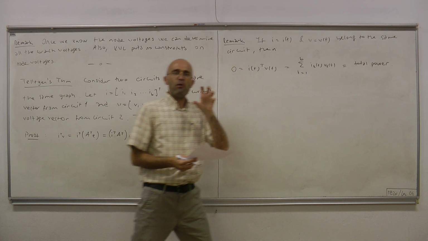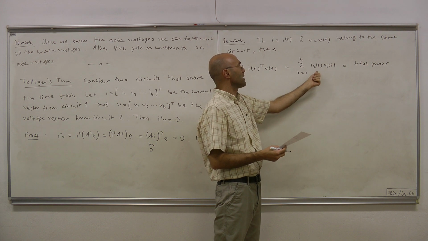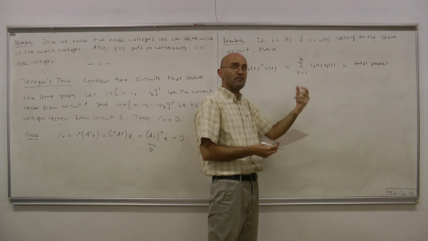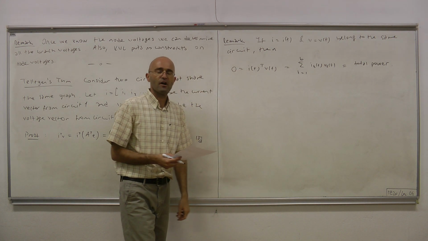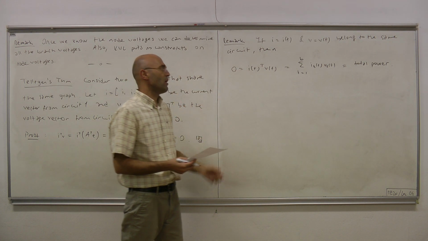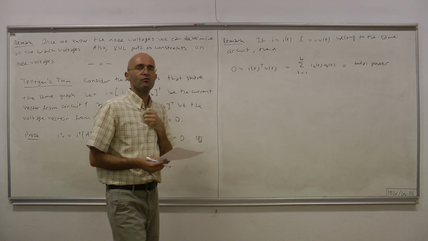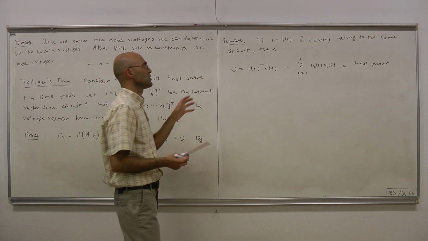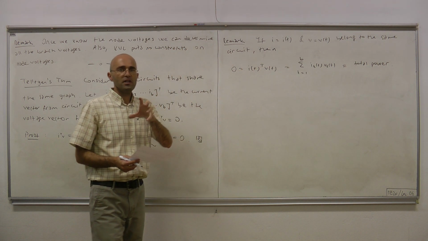So that means the sum of powers that are delivered, that is, the sum of the magnitude of the powers with negative sign, must equal the sum of powers with positive sign. Okay? And the positive power, remember, means that that component is absorbing power from the circuit. So in other words, the absorbed power must equal the delivered power.